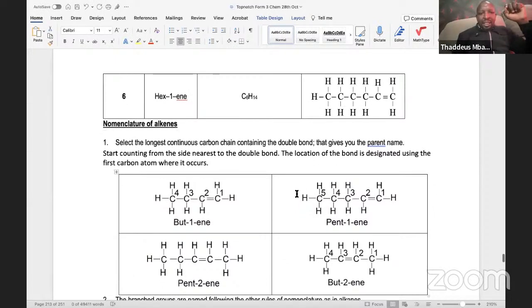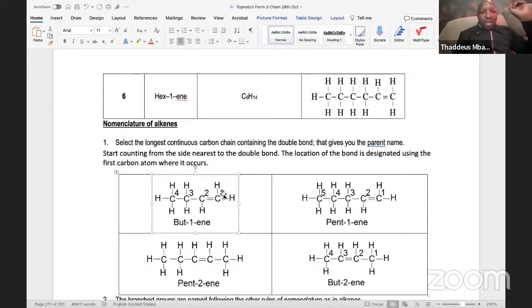Look at this. We have this one. We have 1, 2, 3, 4. So here we have now the compound, the alkene. We start counting from the side nearer to the double bond. So the double bond from here is closer to the right hand side.